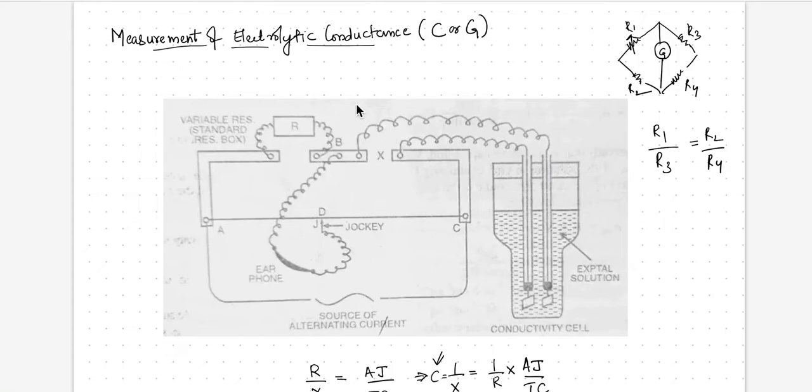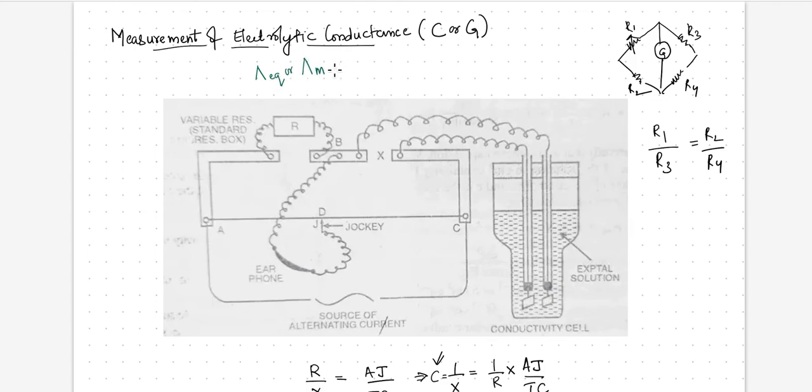Hello everyone. In this video, we are going to talk about the measurement of the electrolytic conductance. If you remember, I told you I'll be discussing how we would be able to calculate lambda EQ and lambda molar conductivity.